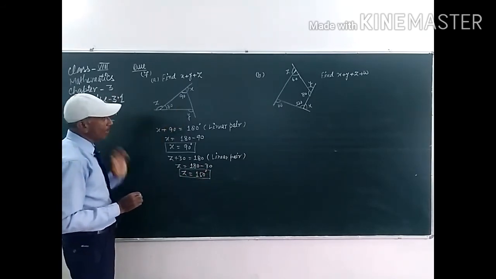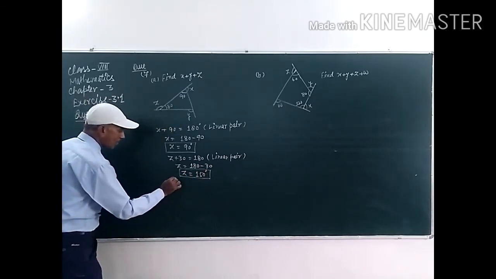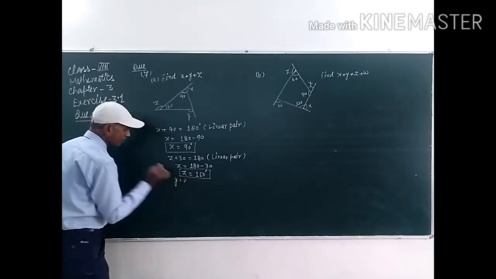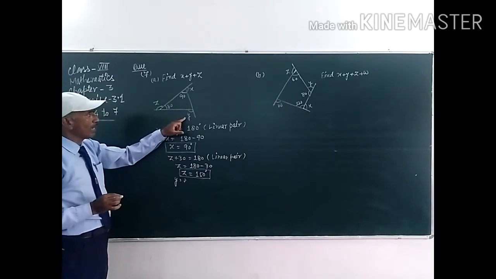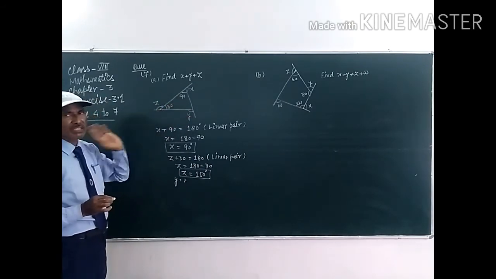Now, we have to find out y. So, this is a triangle, student, and y is the exterior angle of this triangle.